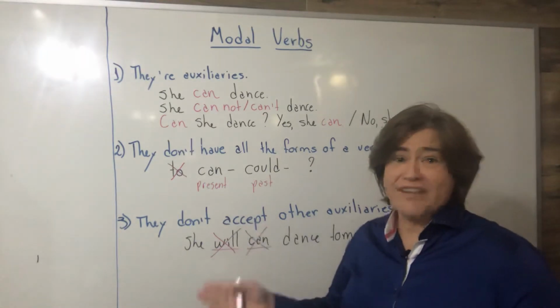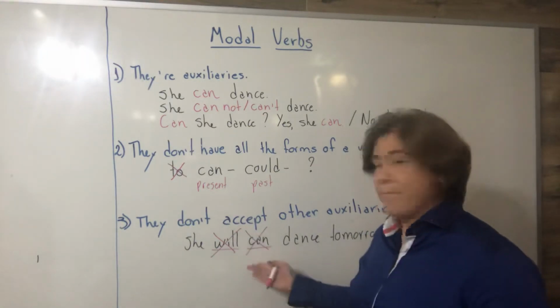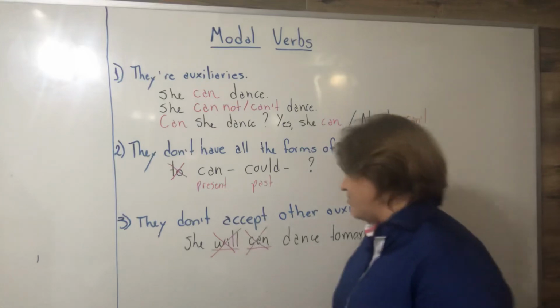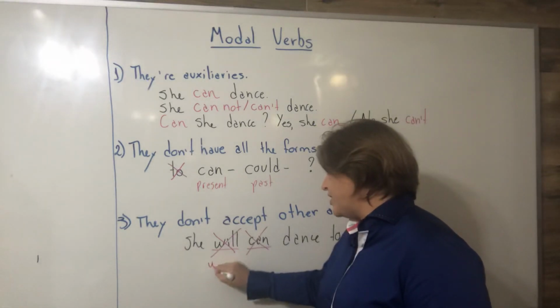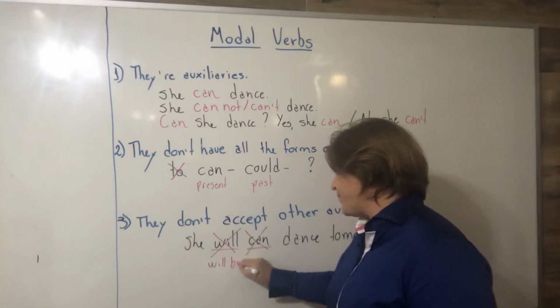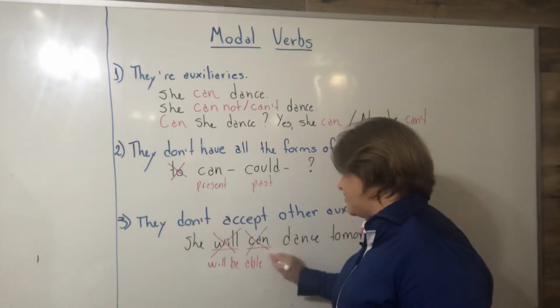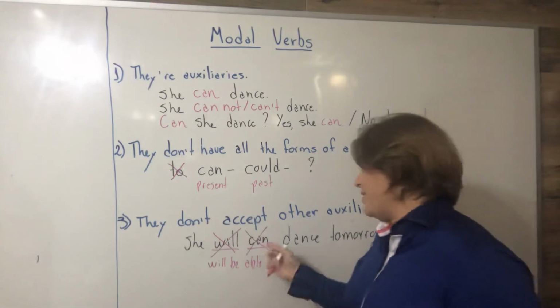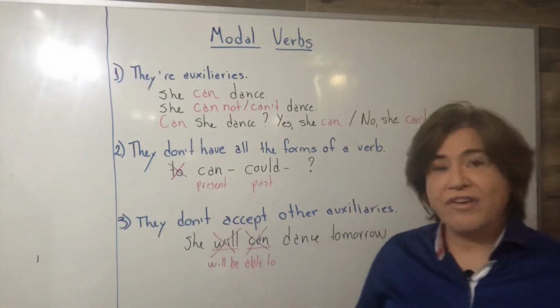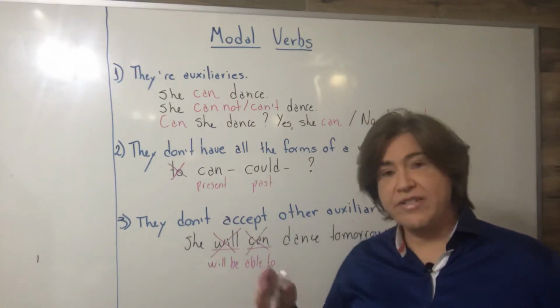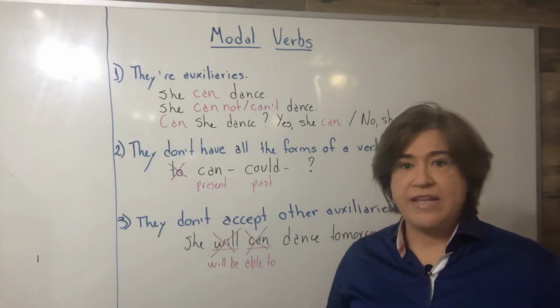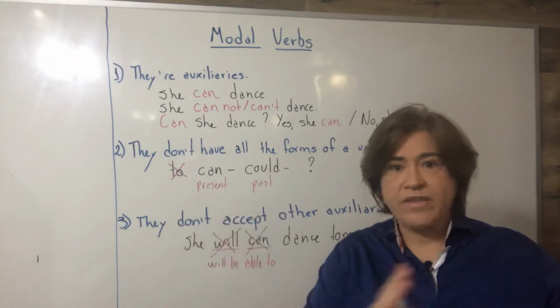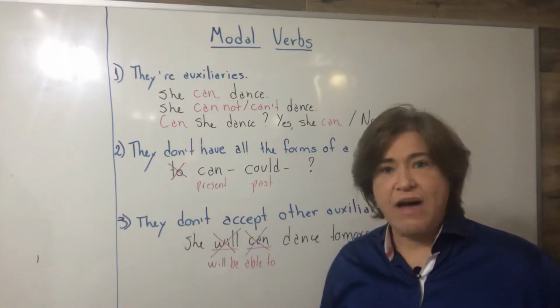You have to find another verb that means capacity in this case. So, you would have to say, she will be able to dance. I have to find a new verb that has the same idea of can, because you cannot use auxiliaries with the modal verbs. They have this form or that form, it cannot be altered.